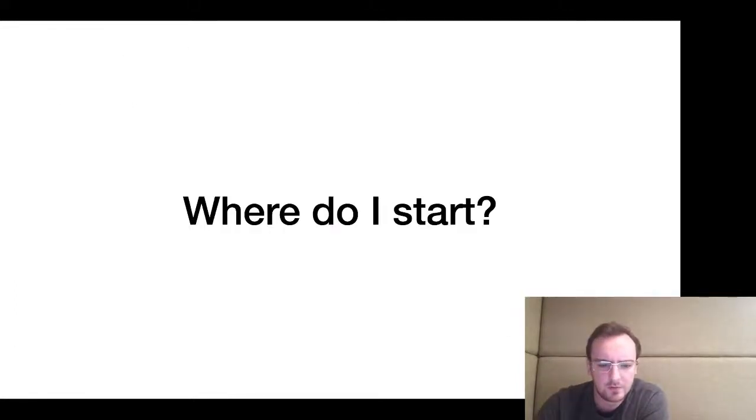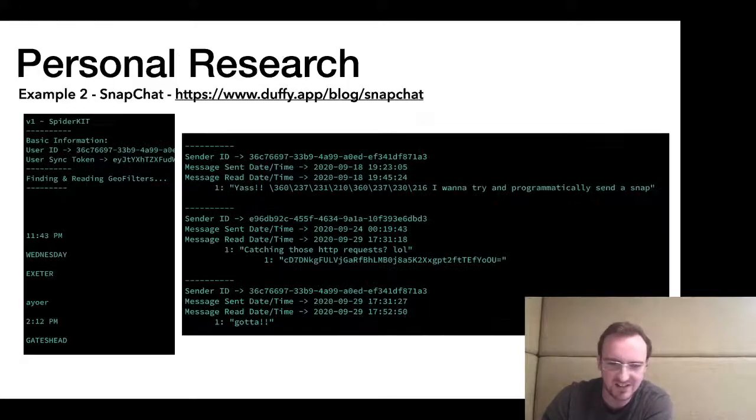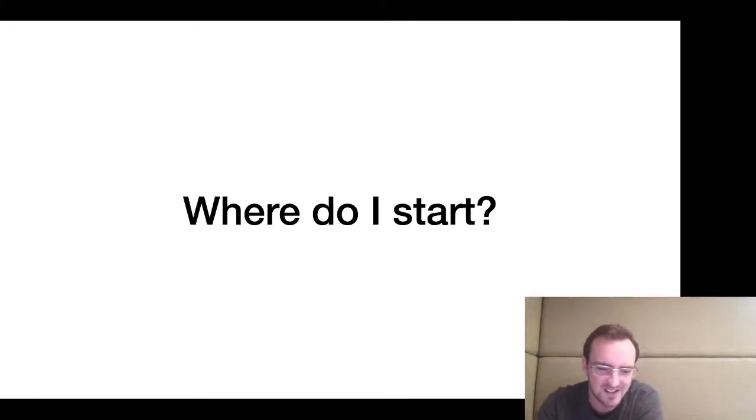So where do you start? If you want to try and grab some of this information, it might look all good seeing all of the chats and stuff like that. But how are you going to start? How are you going to get there? There is such a variety of different avenues in order to start discovering data.